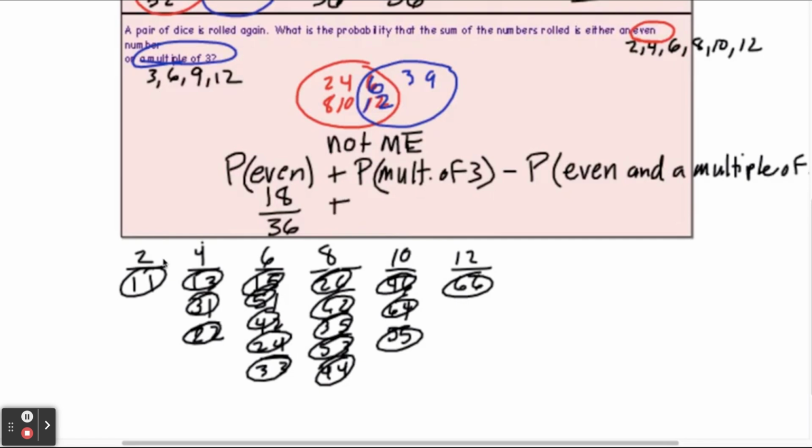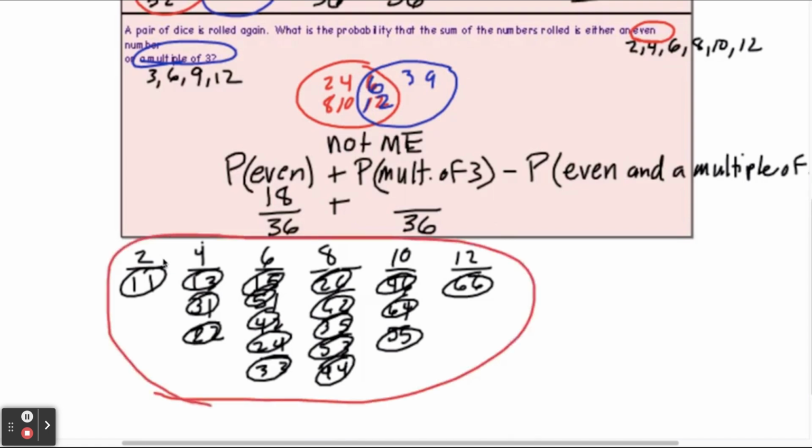Now I need to do the same thing for the multiples of 3. Like I said, this problem takes a little bit of extra side work here. And just to make things easier, I'm going to circle those in red because those are my even ones, and that's what we used before. And then I'm going to write the multiples of 3 in blue. So for 3, I have 1 and 2, 2 and 1. For 6, remember we already wrote those ones on the last one, but just to be thorough, I'll write them again.